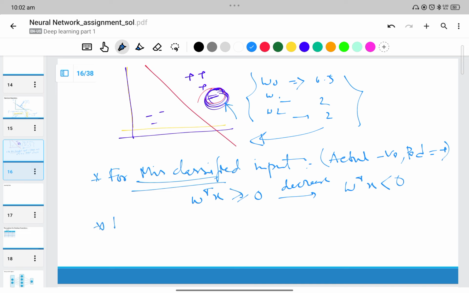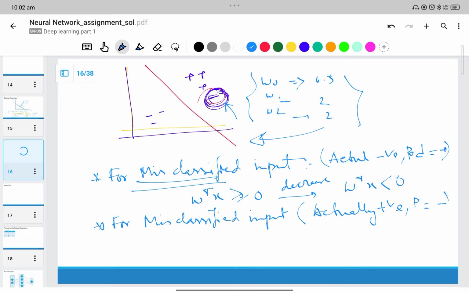And whenever we have a misclassified input that is actually positive and we have predicted it as negative, this is wrong, so we want to increase w such that w transpose x will be greater than or equal to 0.